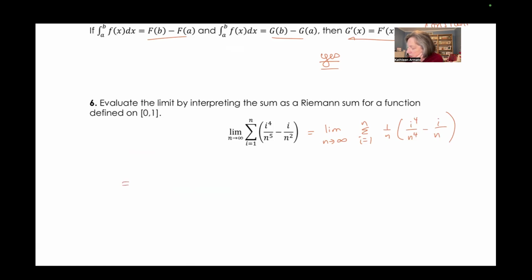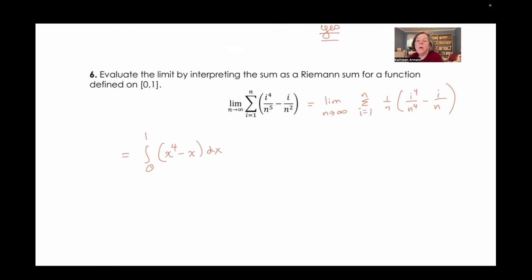So this is equal to the definite integral. I don't see any shift, so I'm starting at 0. The 1 over n tells me the width is 1. And then this would have been x to the 4th minus x dx. So to find this limit, I can actually integrate 1/5 x to the 5th minus 1/2 x squared from 0 to 1, 1/5 minus 1/2 minus a big 0.